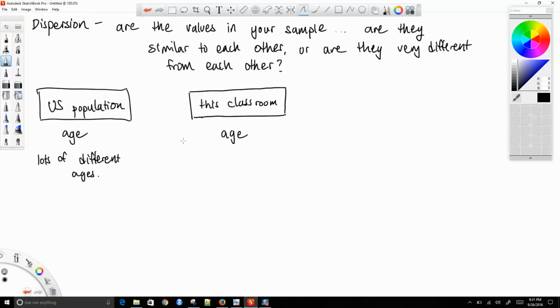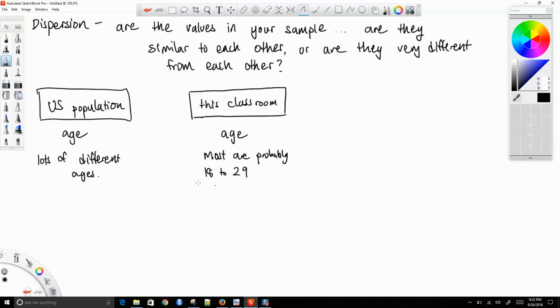And compared to the general U.S. population, the amount of spread or variation or dispersion is a lot smaller. So I'm just going to write: most are probably between 18 and, we'll say, 29 or something like that.